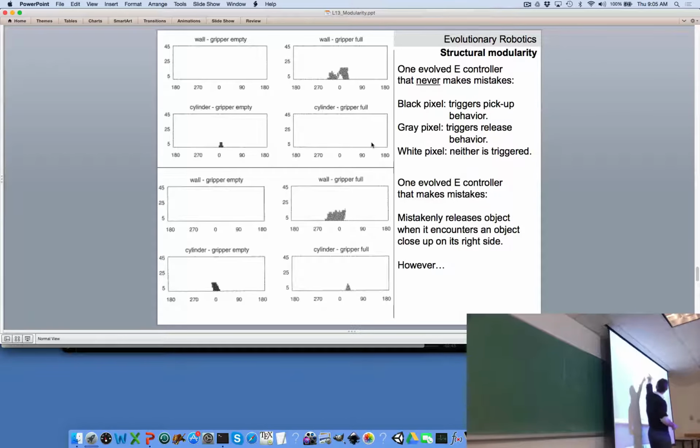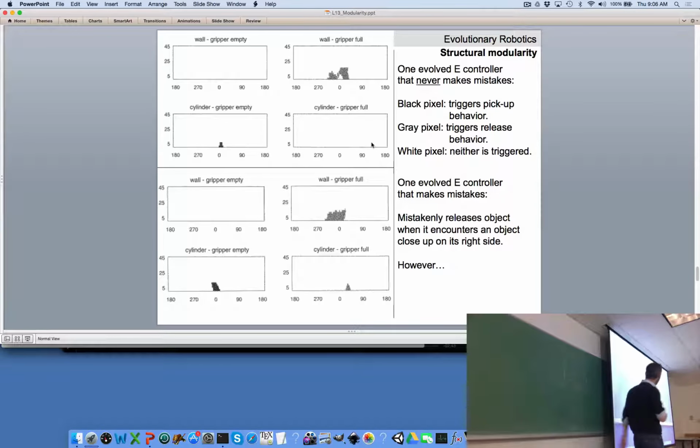Okay. Similarly, when it's close to the wall, and its gripper is full, and it's more or less facing the wall, now it makes sense to release the object. Right? Okay. So here's one evolved controller that, at least in these 7,200 cases, never made a mistake.